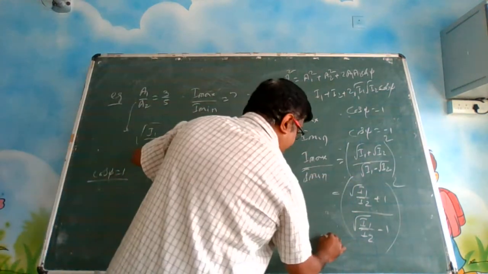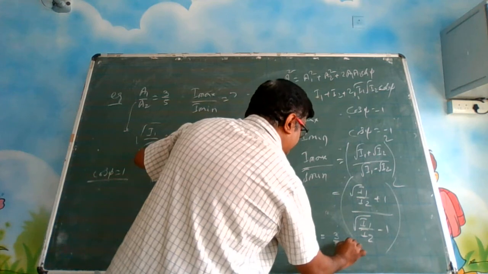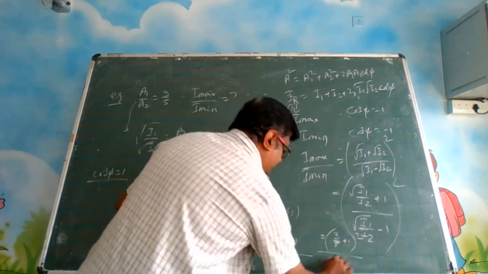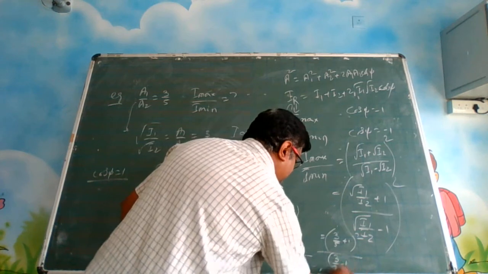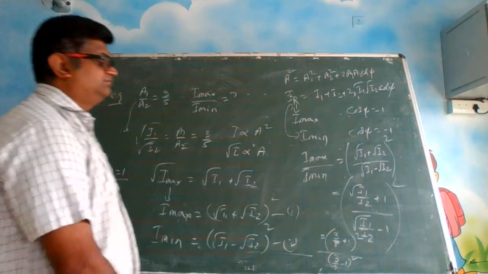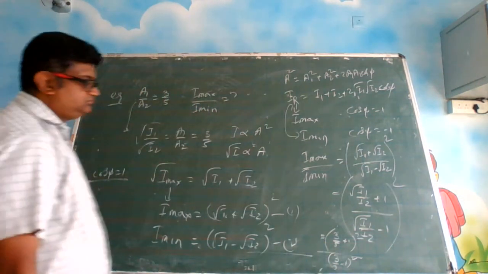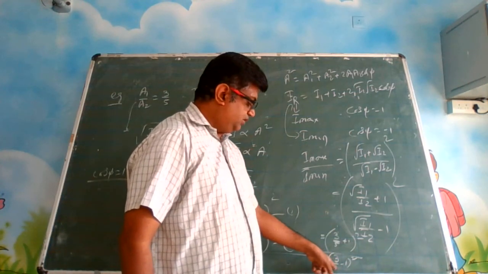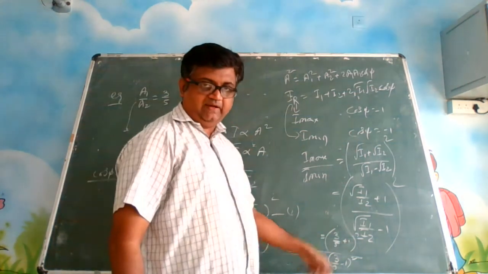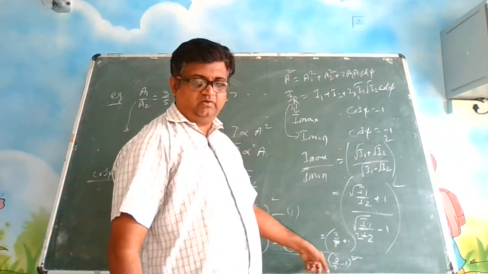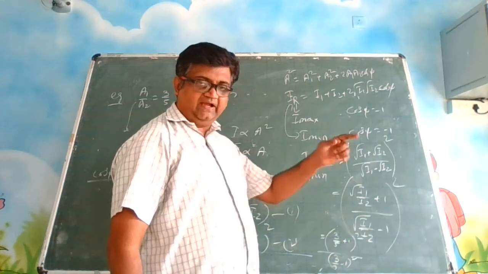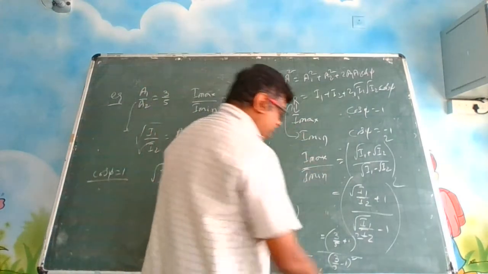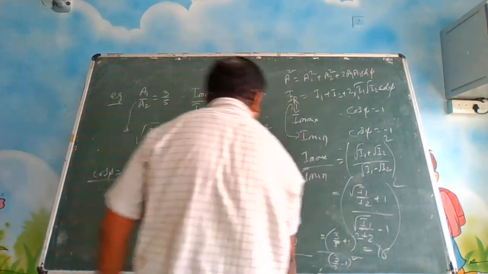So this will become 3 by 5 plus 1 whole square divided by 3 by 5 minus 1 whole square. So this is 8 by 5 and this is 2 by 5. The 5 cancel, 8 by 2 is 4, whole square. So it becomes 16.